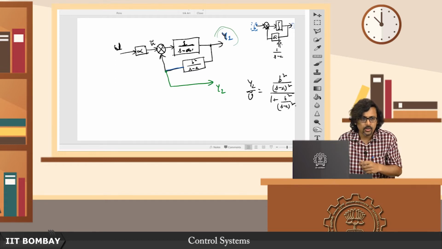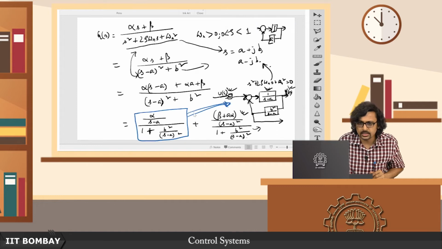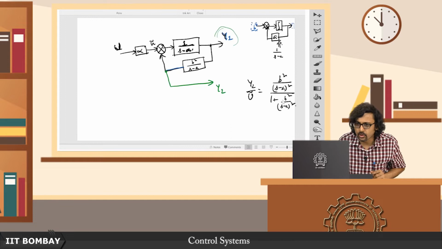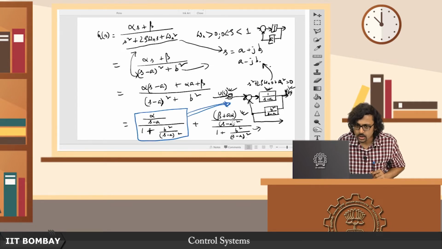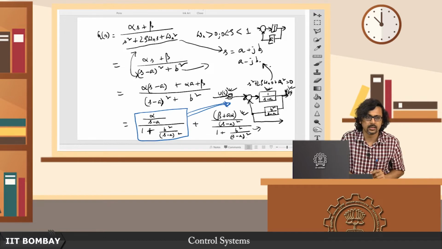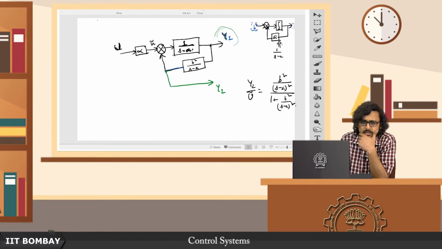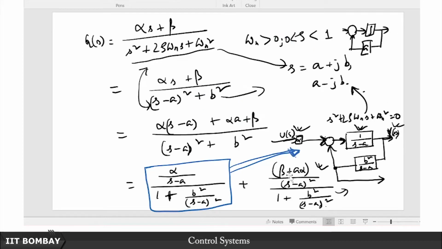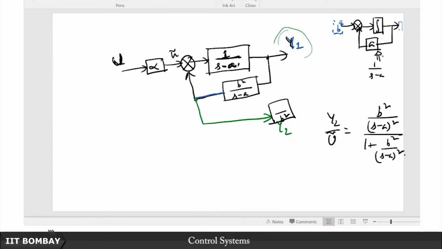But this is not a big problem for me, because now I am almost there. Look at this term. What is differing between this term and the term I have got here? The denominator is the same, which I have realized; the only thing is the gain of the numerator, but that I can always adjust. I can just put a block here which is going to divide by b squared, and multiply by this beta plus a alpha, and I am done.